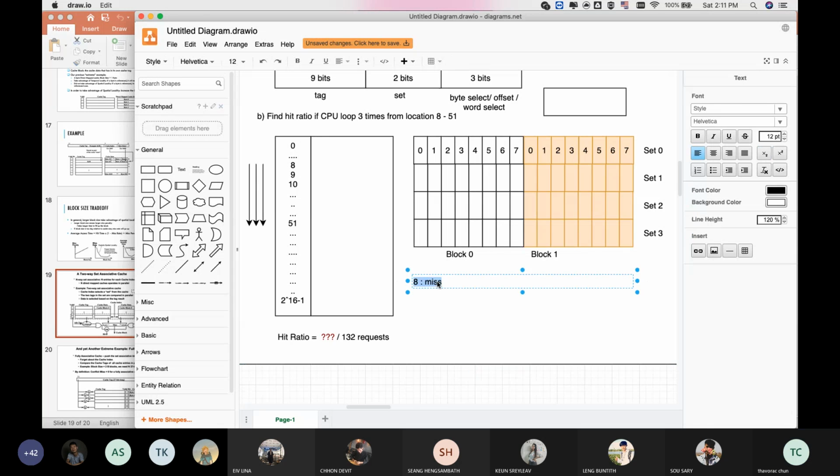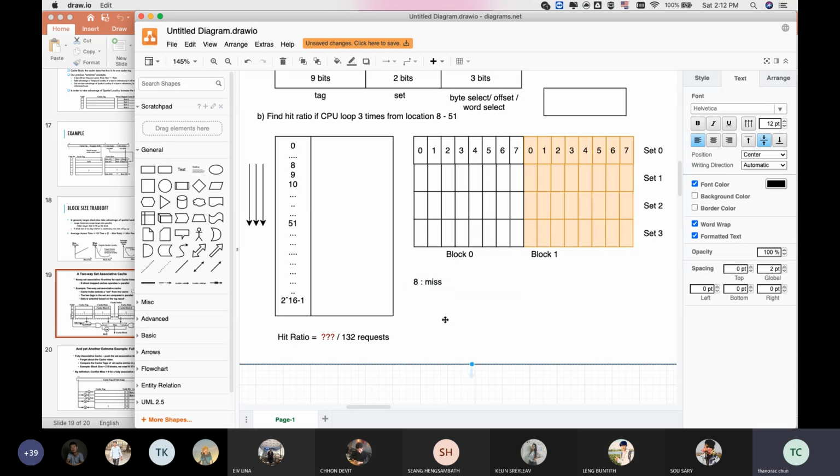Okay, and then, based on what we have learned so far, when the data cannot be found inside the cache, it needs to copy the data from the main memory and store it back into the cache. We do this because we assume that the data around it, or the data itself, is going to be accessed again in the near future. It's based on spatial locality and temporal locality from our previous lesson.